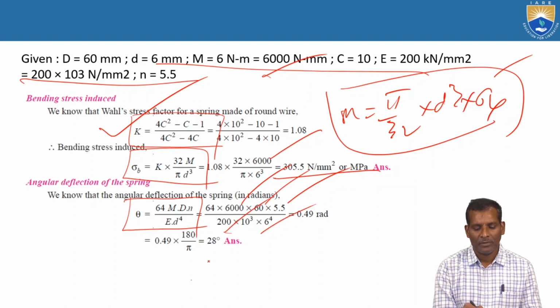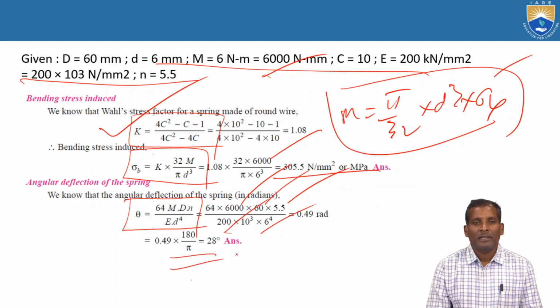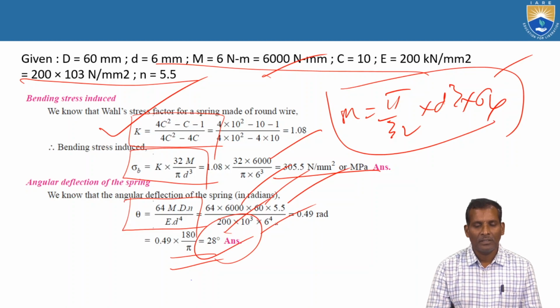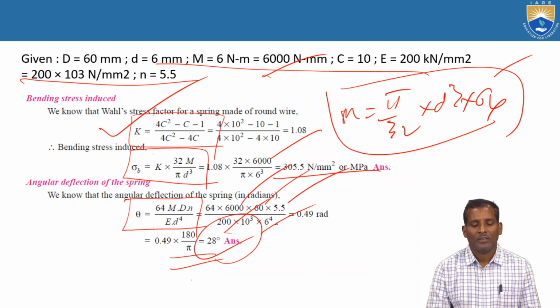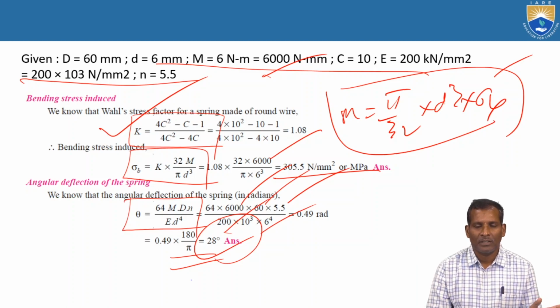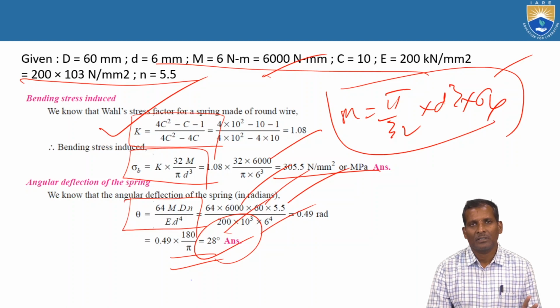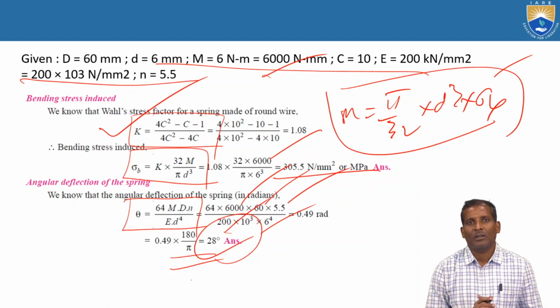Substitute and find the angular deflection of the spring in degrees. You may get here 28 degrees. The number of effective turns is given, so there is no need to calculate the total number of turns in the case of a torsional spring. Like this, you need to calculate all values of a torsional spring.